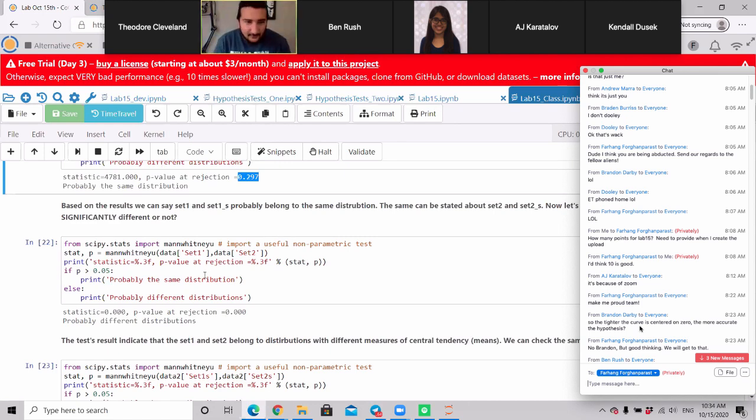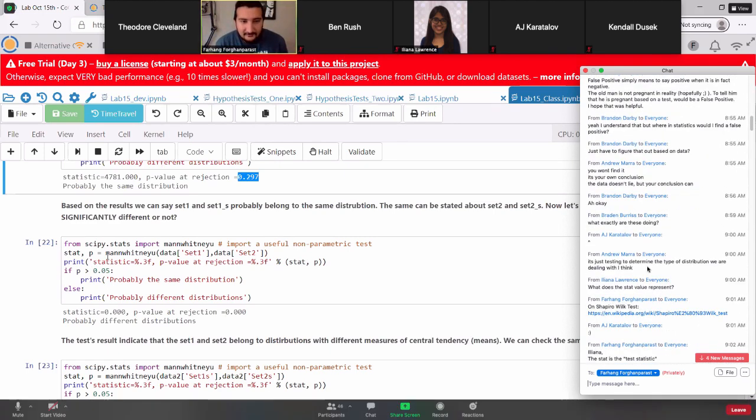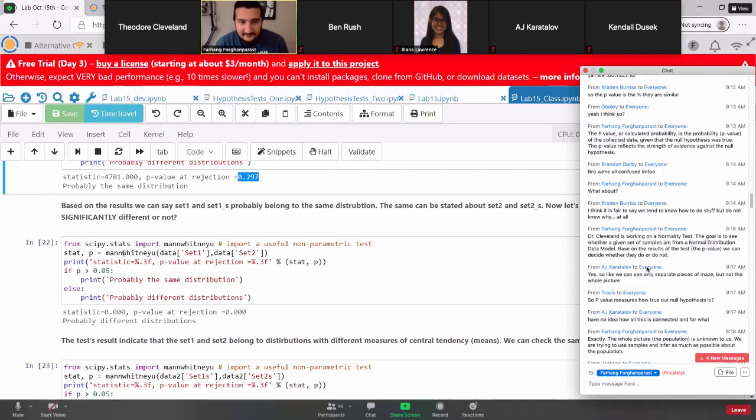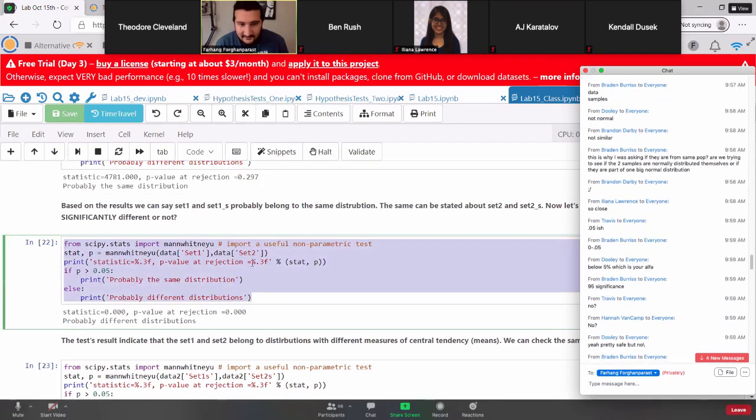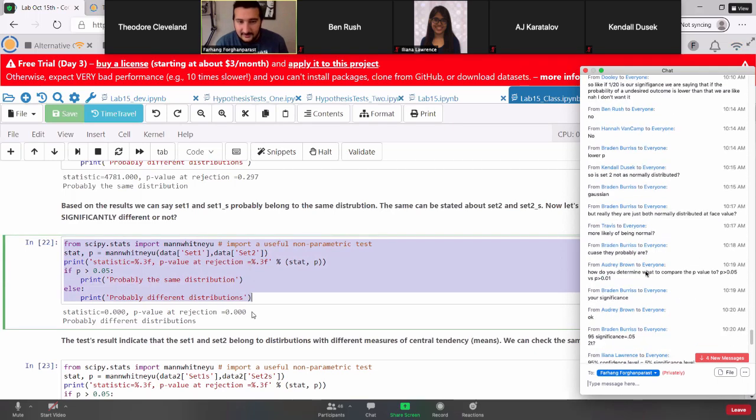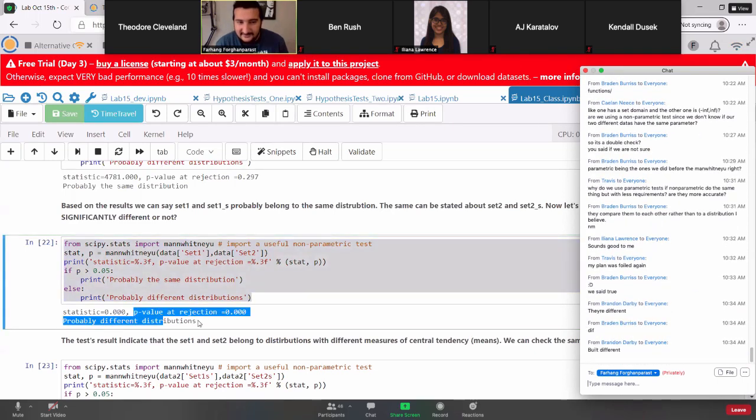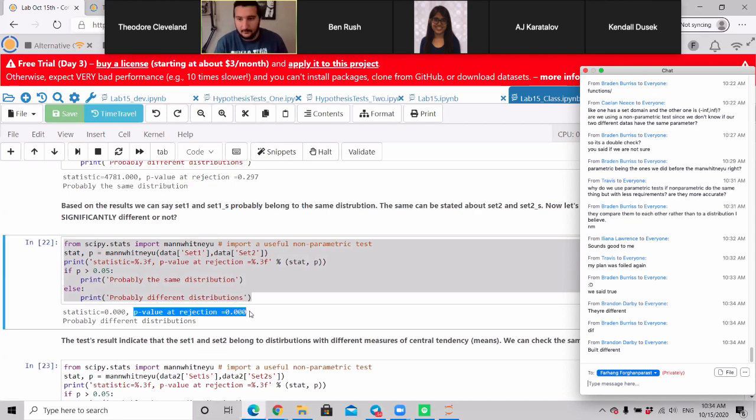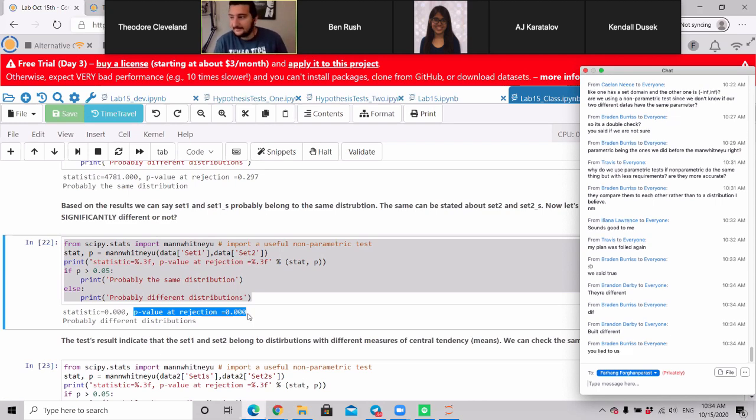If I go on and run the Mann-Whitney test on set 1 and set 2, you will see that the p-value is extremely, extremely low. That means that you can go ahead and reject. No, I didn't lie to you. You can go ahead and reject the null hypothesis and say that set 1 and set 2 probably belong to different distributions.